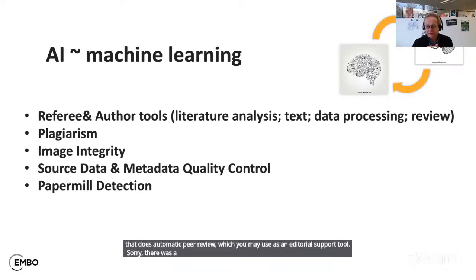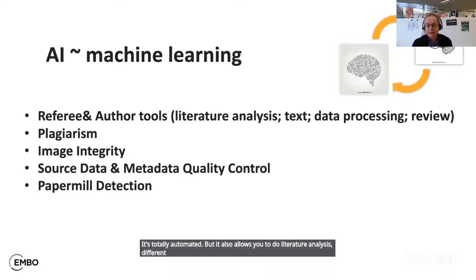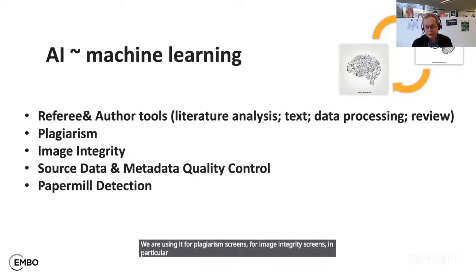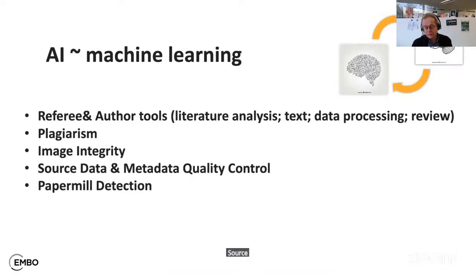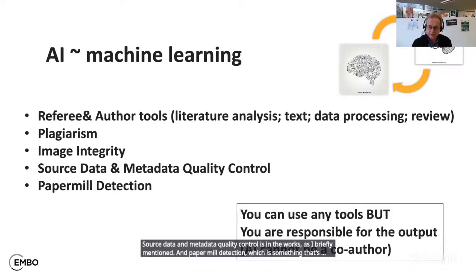It's not peer review, it's review. So that's really important. No humans. It's totally automated. But it also allows you to do literature analysis, different tools, text writing, of course, authoring, data rendering. We are using it for plagiarism screens, for image integrity screens, in particular, very, very good at duplication detection across the whole literature now. Source data and metadata quality control is in the works, as I briefly mentioned, and paper mill detection, which is something that's really, really difficult and important.